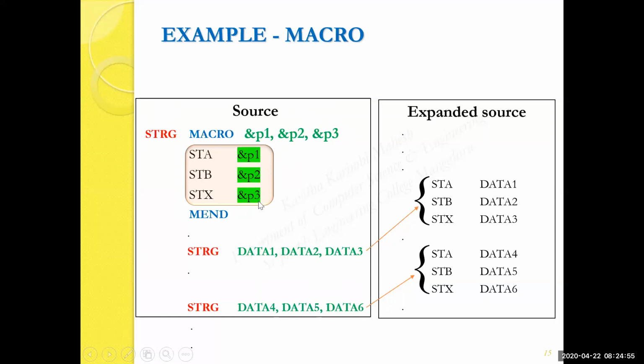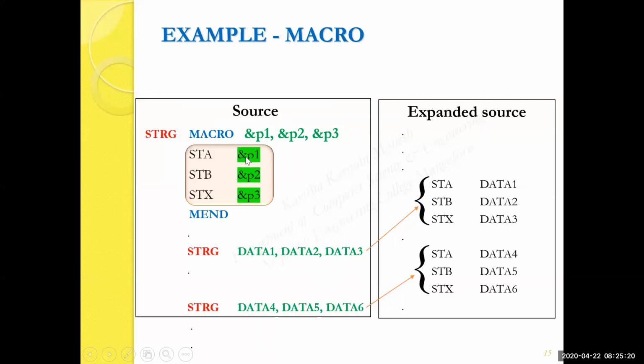All macro parameters are identified with the symbol ampersand. And all parameters should be listed immediately following the directive MACRO. So all parameters that are placed in the operand field of the directive MACRO indicate the macro parameters.